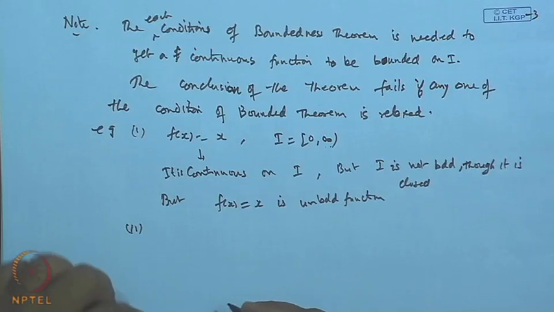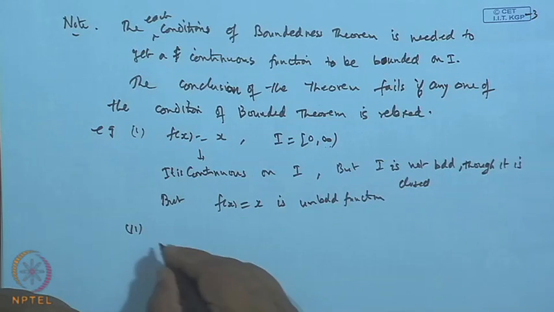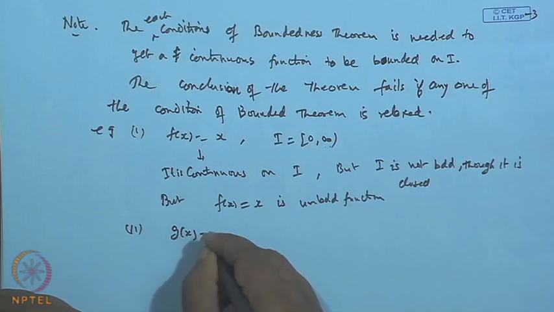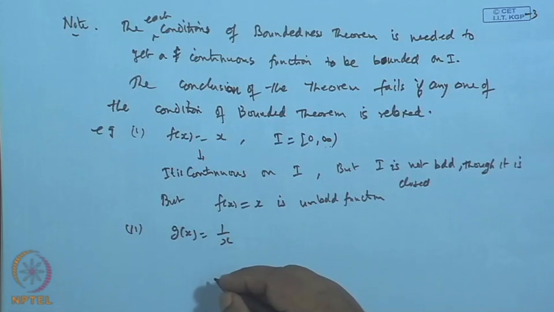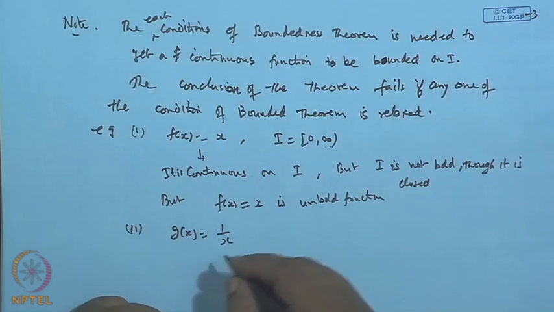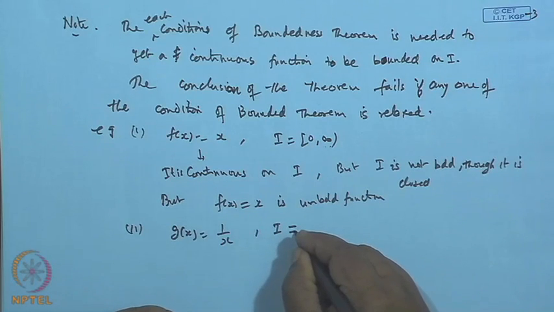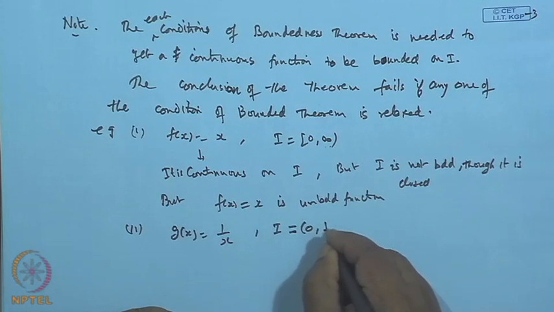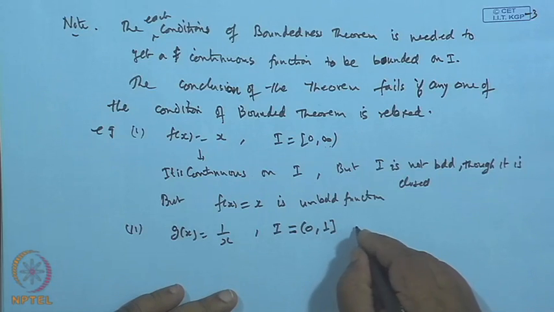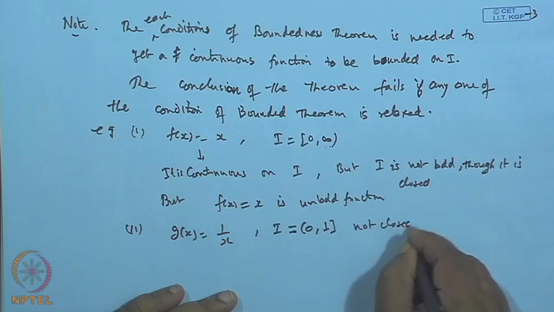Second, suppose I take the function g(x) = 1/x, and the interval I choose is I = (0, 1). Now, this interval is not closed, but bounded.